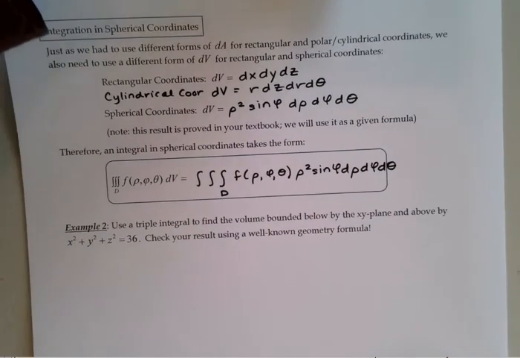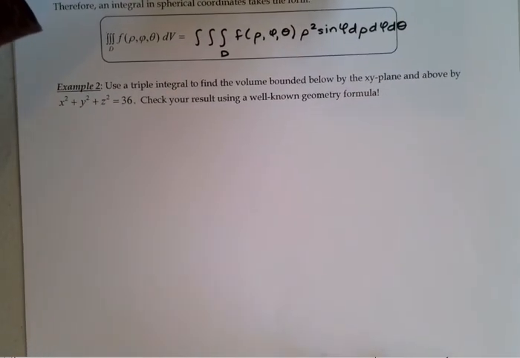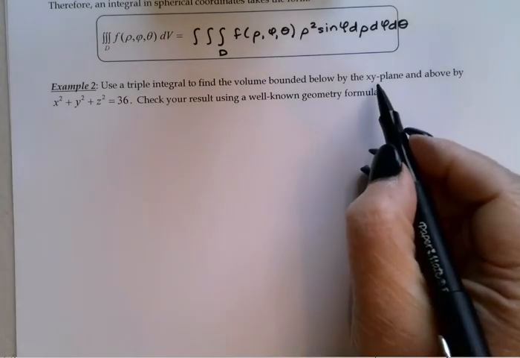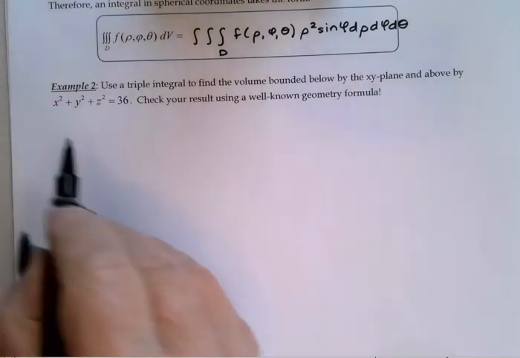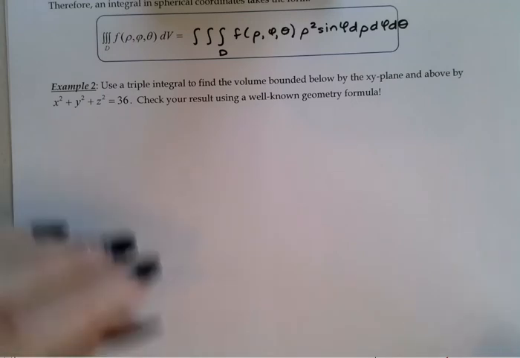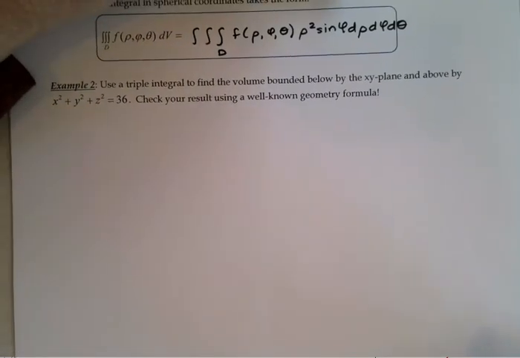So, keeping that in mind, our next example asks us to use a triple integral to find the volume bounded below by the xy plane and above by the sphere x squared plus y squared plus z squared equals 36.